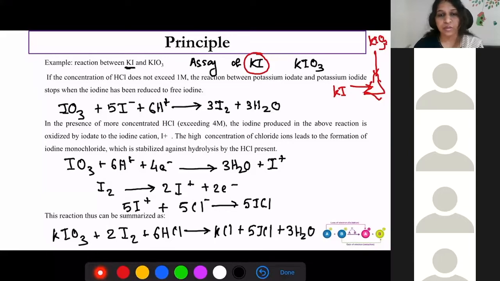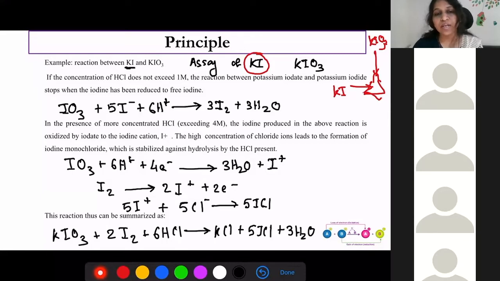In a nutshell, the summary of the slide is, if I don't provide enough concentration of hydrochloric acid H+ ion, the reaction will stop halfway at the generation of iodine and it will not go to completion.